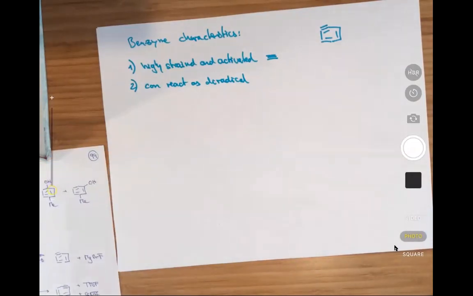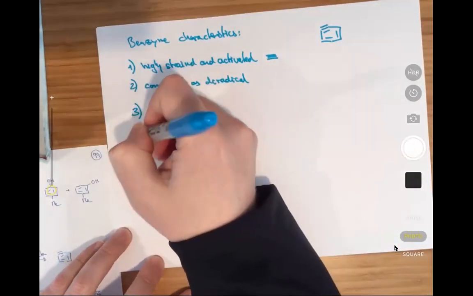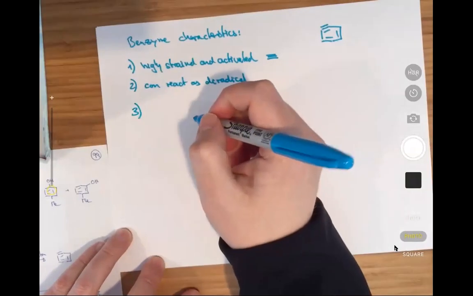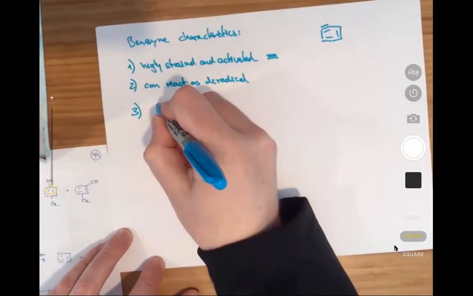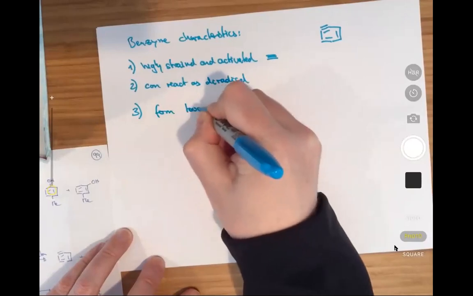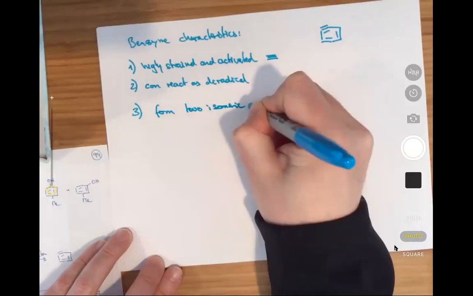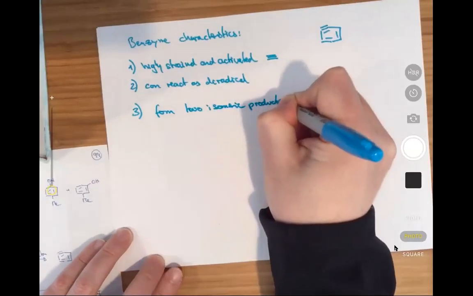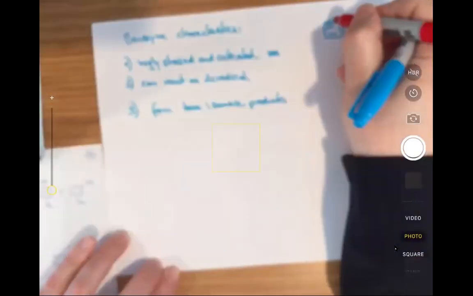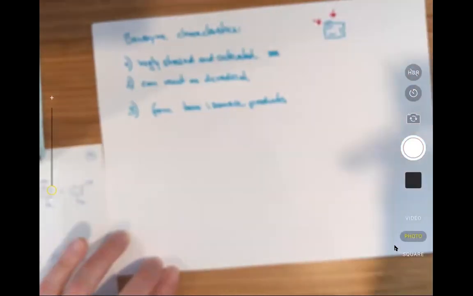Now, the way you can recognize these is that they always form two isomers. Two isomeric products. Because these two positions here are indistinguishable at the benzyne stage.